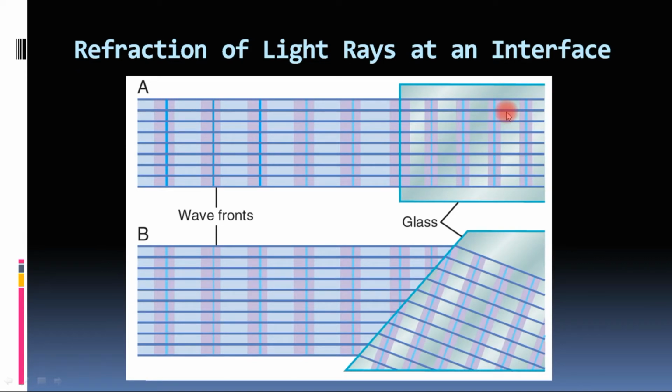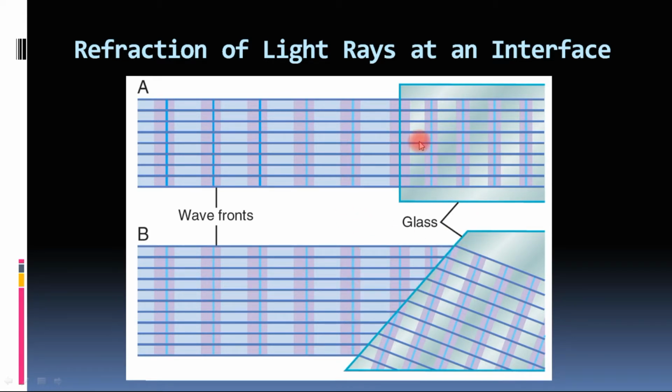In the previous slide, we discussed the velocity of light and how two different mediums behave if the angle at which the light is falling on the different medium is perpendicular. The light is traveling in this direction and the interface is exactly perpendicular to the direction of light. But what happens if the interface is angulated?